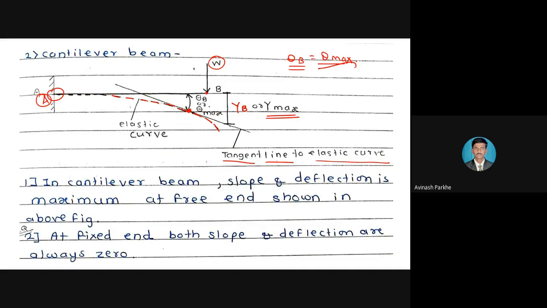Okay, so these are very, very important statements to attempt the MCQ questions and to understand the concepts of slope and deflection for the simply supported and the cantilever beam. Okay, so this is related to the slope and deflection.